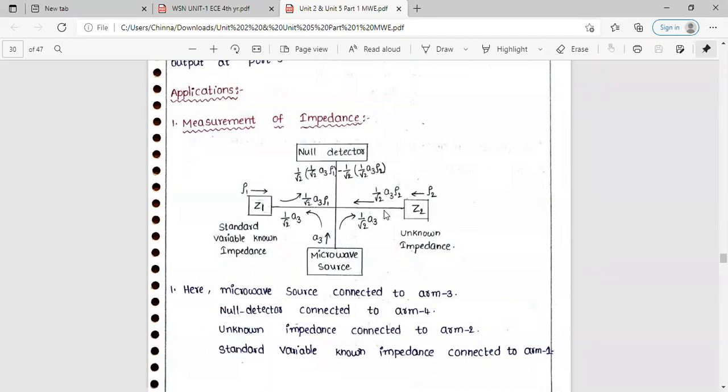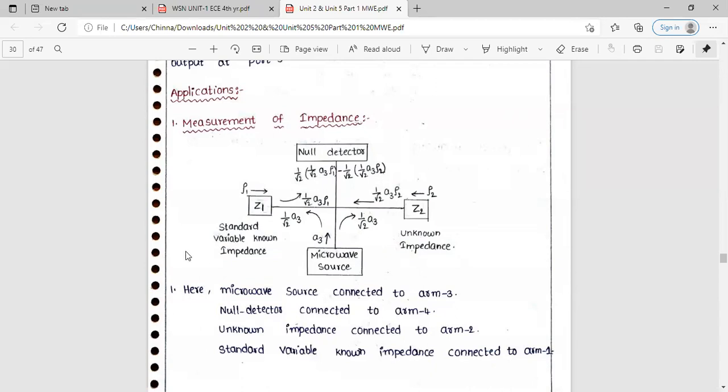Here the microwave source is connected to arm 3. This is the magic tee. The microwave source is connected to arm 3 and the null detector is connected to arm 4. The microwave source is at the side arm, and the null detector is at the bottom. The unknown impedance is connected to arm 2 and the standard variable impedance is connected to arm 1.